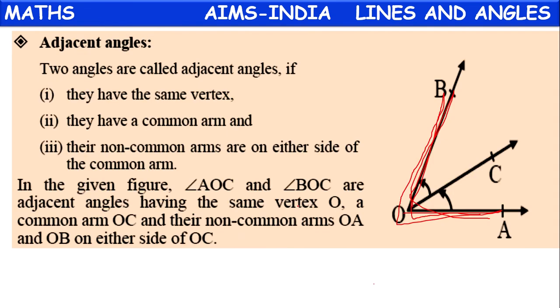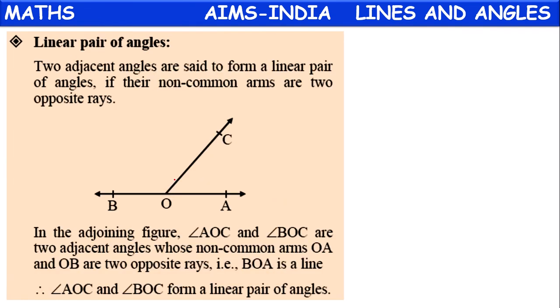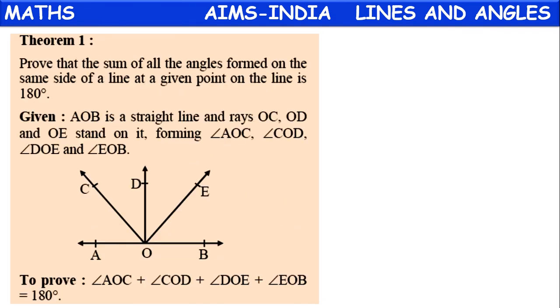So, okay, children, we have the concept of adjacent angles and linear pair of angles. Based on this, we have a theorem, children. Theorem 1. Prove that the sum of all the angles formed on the same side of a line at a given point on the line is 180 degrees.